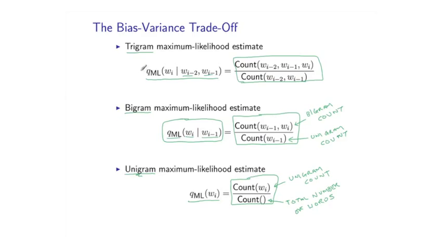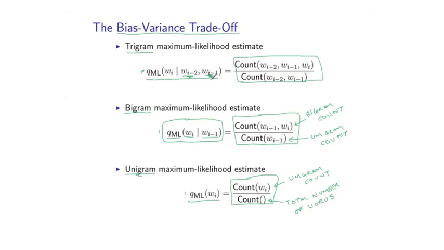So if we look at these three different estimates corresponding to these three different levels, they have different strengths and weaknesses. And the trade-off here is often referred to as the bias-variance trade-off in statistics. The trigram estimate has the benefit that it conditions on a lot of context, namely the previous two words, and so it has relatively low bias.